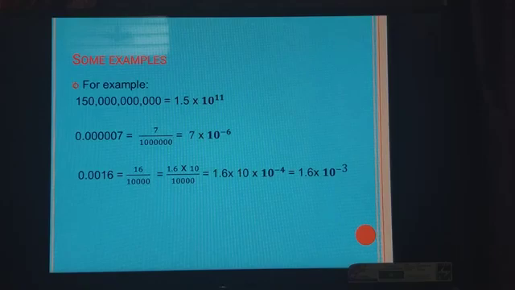So many zeros. We can express this as 1.5 into 10 raised to the power 11. Likewise, 0.0000007 we can express as 7 into 10 raised to the power negative 7.